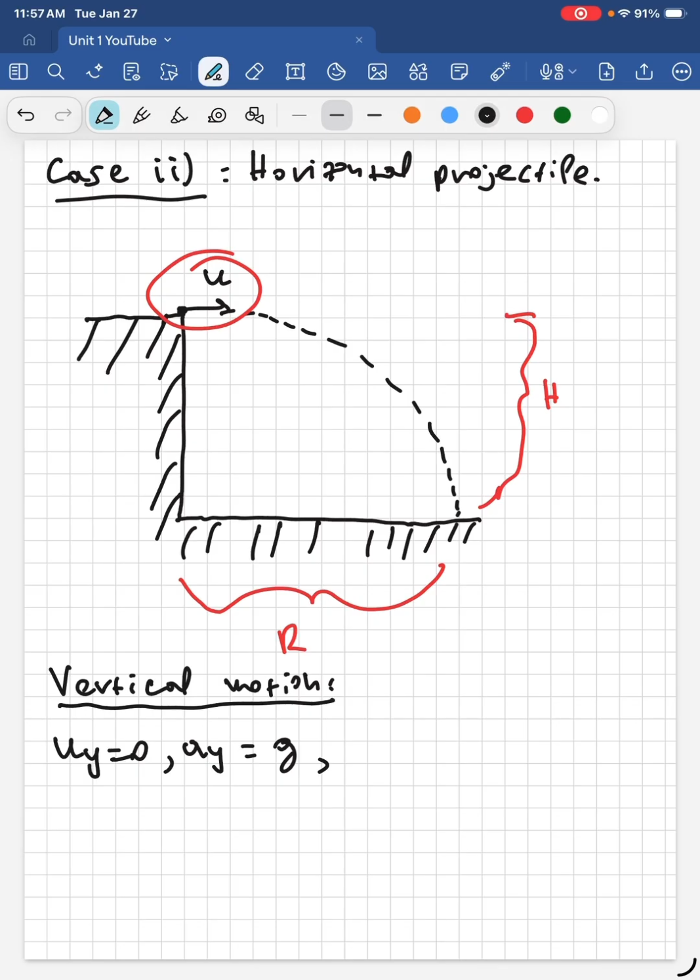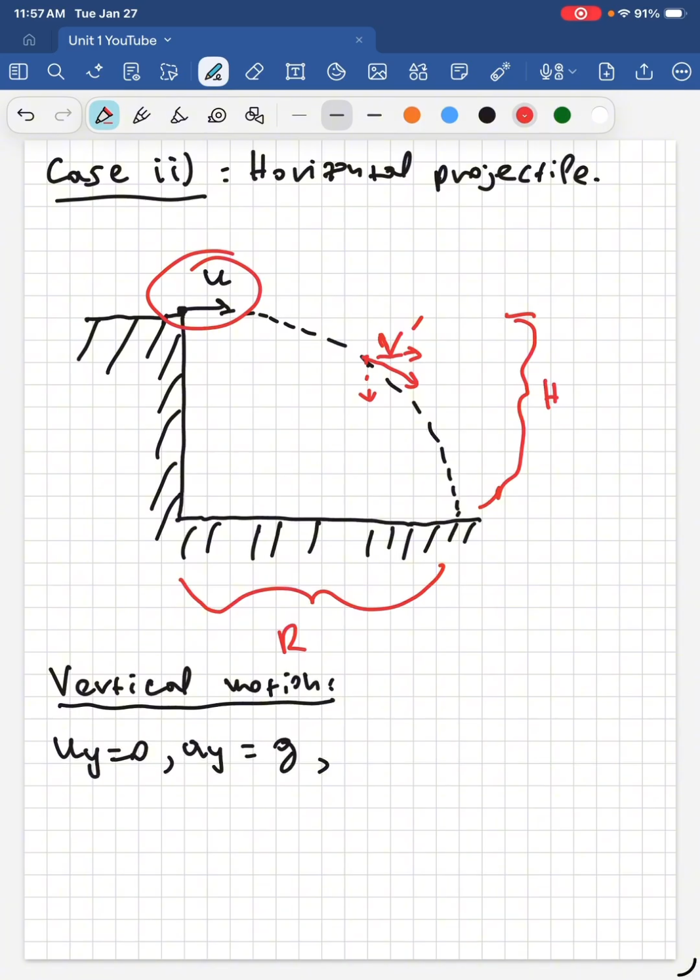This is because the velocity is tangent to this parabola, so the velocity here at some instant v prime points down. It has a horizontal component that points to the right and a vertical component that points down, in the same direction as g.